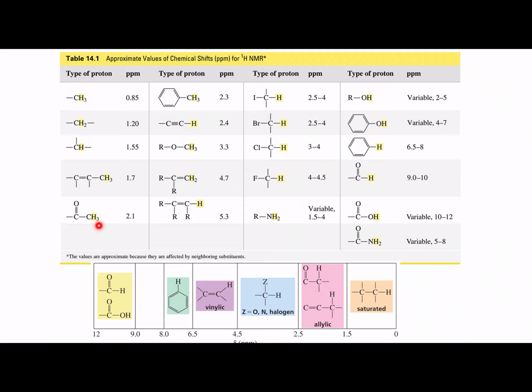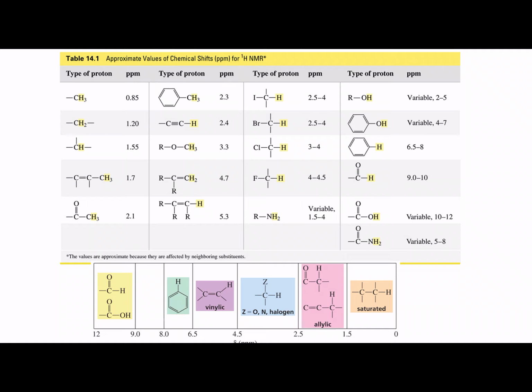If the hydrogen is next to a group carrying a carbonyl group, it comes around 2.1. And for the benzene hydrogens, between 6.5 to 8. So that's what we saw, around 7 in our previous problem.